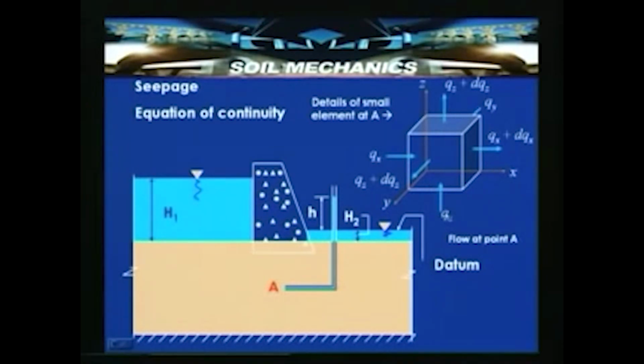Qz is the inflow over the xy plane. The element has dimensions dx, dy, dz, in the x, y and z directions, so its volume is dx dy dz.